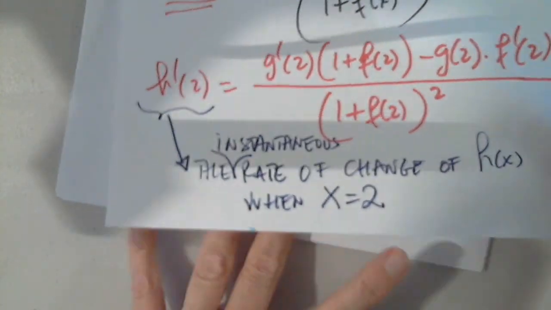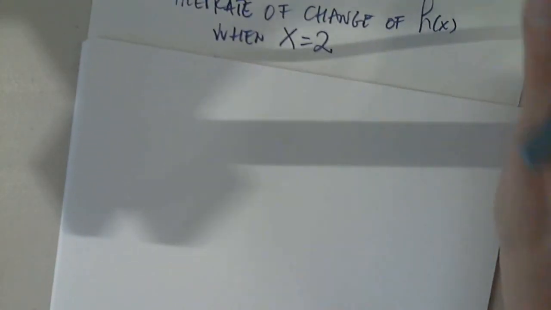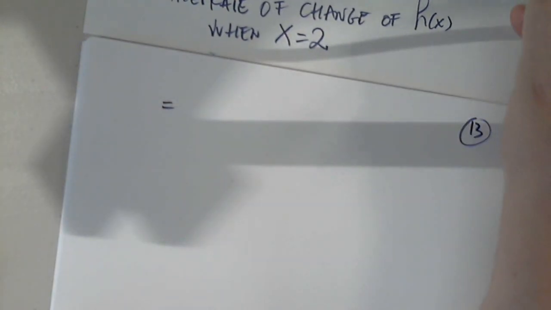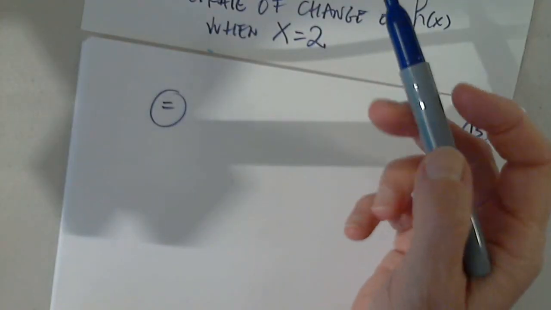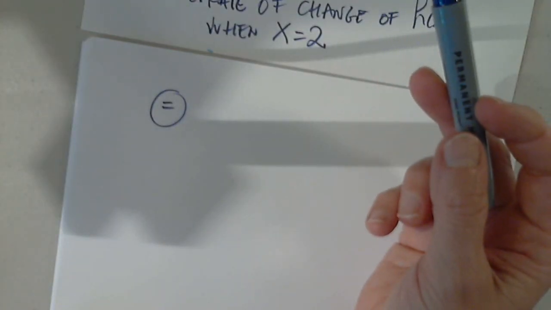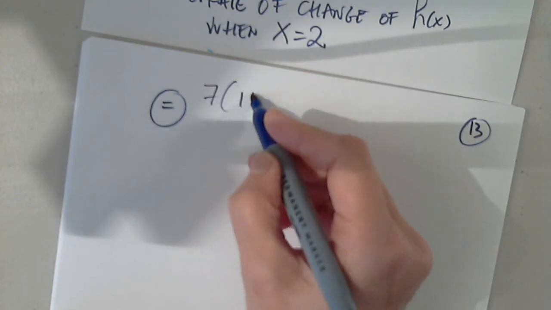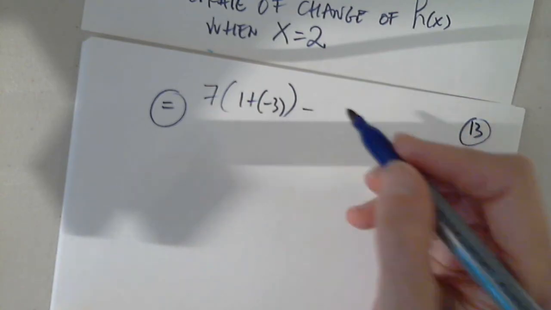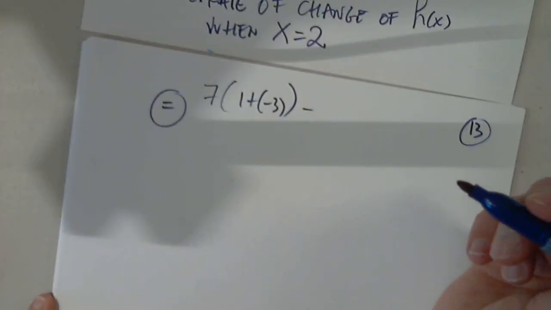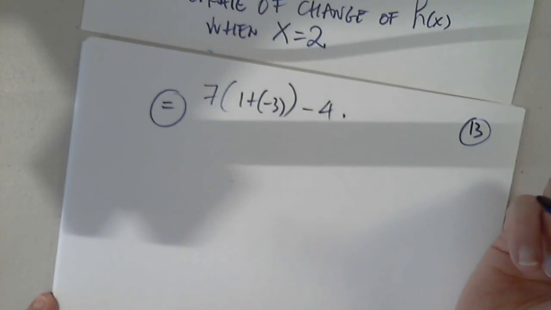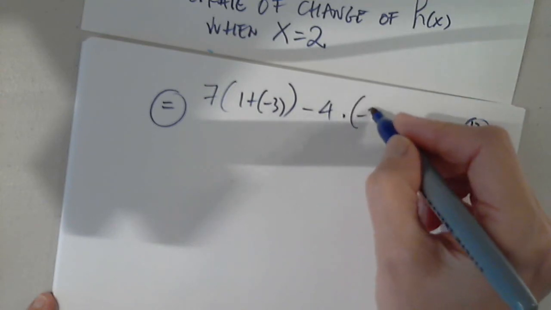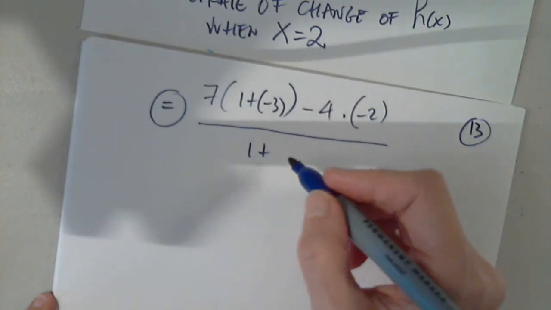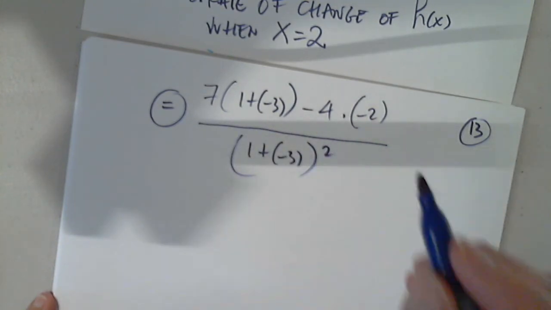So now I'm going to plug in the numbers and get a final answer. So this will be g prime of 2, which is 7, times 1 plus f of 2, negative 3, minus g of 2, which is 4, times f prime of 2, negative 2, over 1 plus, again, f of 2 is negative 3, and I square that.